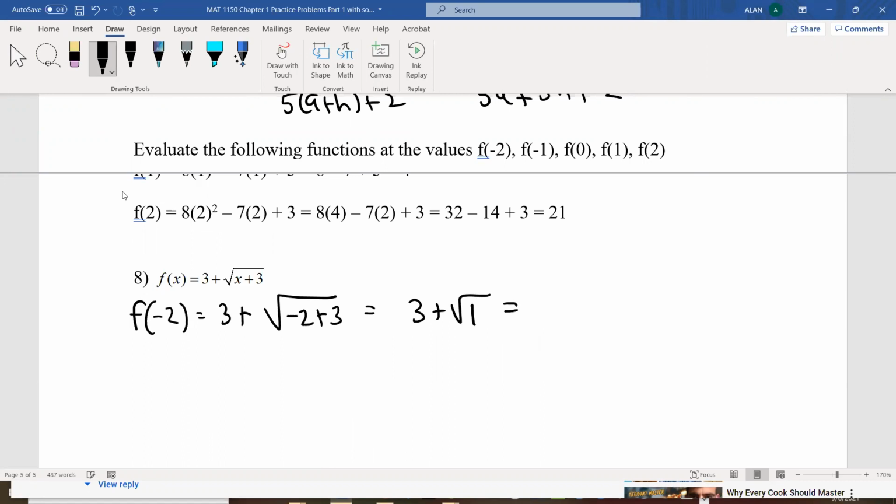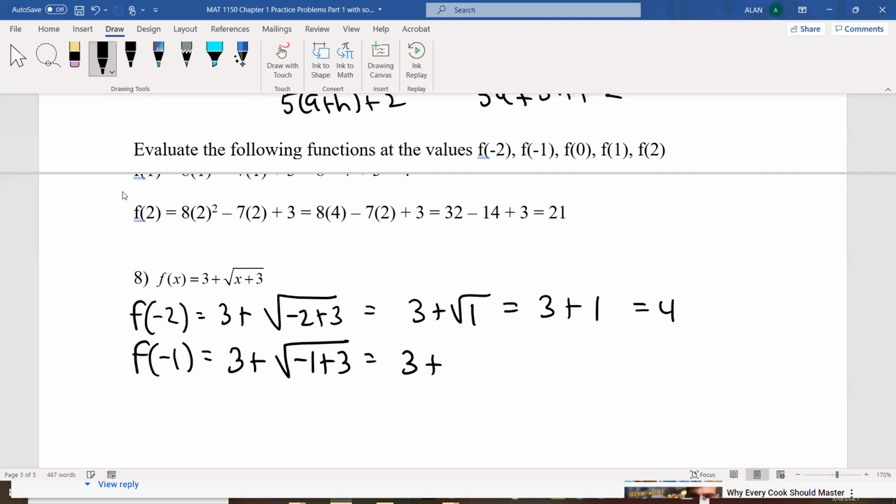Okay, so of course the square root of 1 is just 1. Very good. F of -1 is 3 plus radical 2, there's nothing you can do with it. You have to leave it just like that.